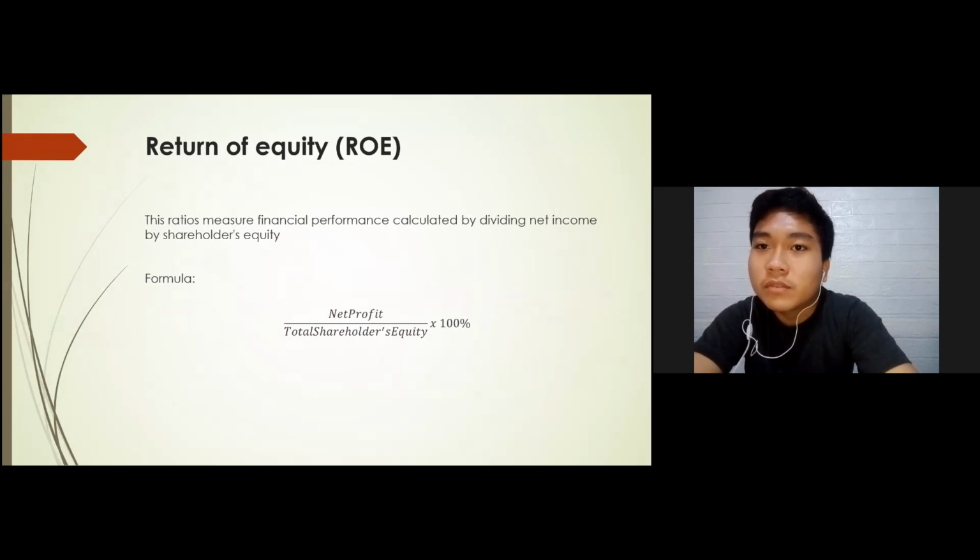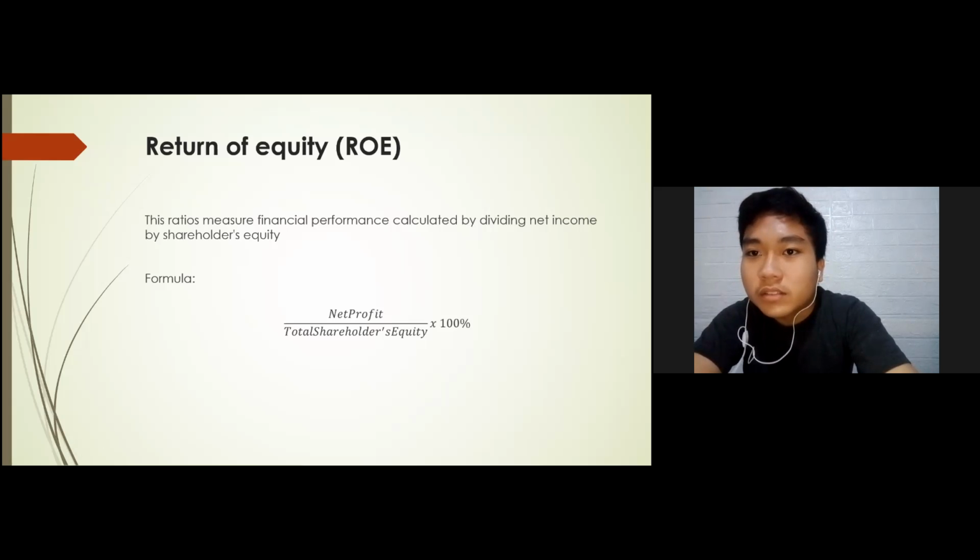Return on equity. This ratio measures financial performance, calculated by dividing net income by shareholders' equity. The formula is net profit, which is total revenue minus total expenses, divided by total shareholders' equity, multiplied by 100%.